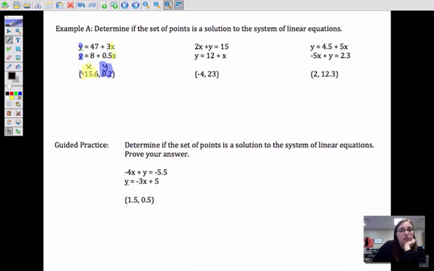So let's do the first equation. So I'd have 0.2 equals 47 plus 3 times negative 15.6. And then at the same time I can do my second equation here. 0.2 equals 8 plus 0.5 times negative 15.6. So I've written out both of my equations with the x and the y in their spots.